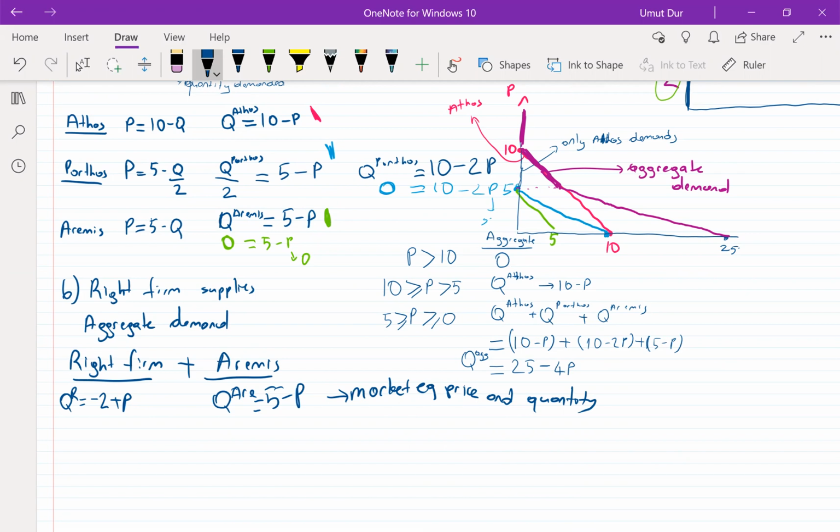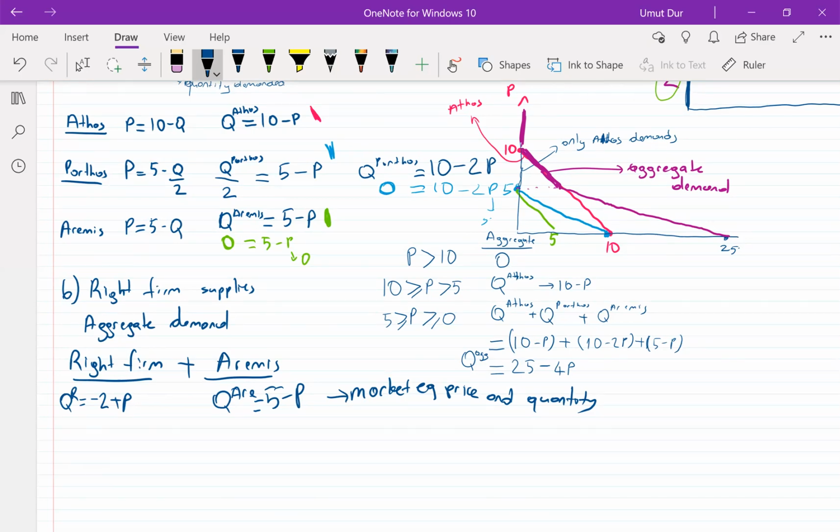By equating these two equations? Yes, exactly. We will equate the quantity demanded and quantity supplied, which is also to say that we would like to find the intersection of those two equations.